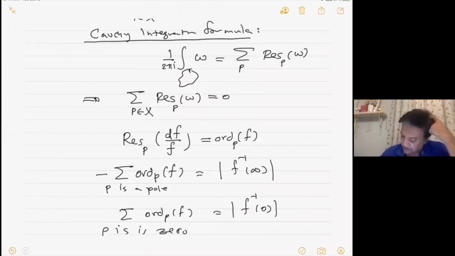So you think of f inverse of infinity not just as a set, but as a multiset. Some of the points inside the preimage should be counted more than once.